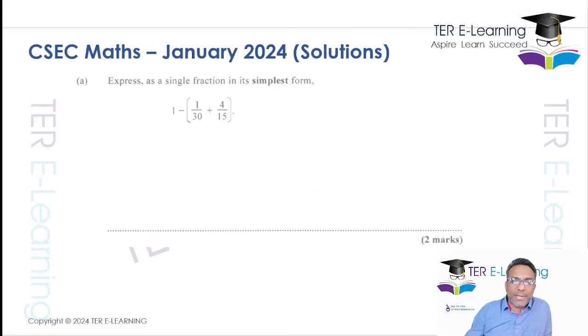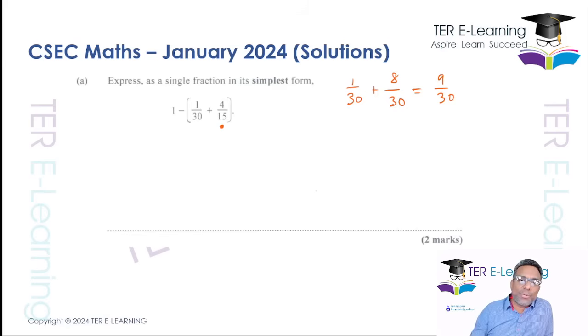So in this case here, I have 1 over 30 and I have 4 over 15. So in the case of 1 over 30, if I were to work out the brackets first, 1 over 30 plus 4 over 15, the equivalent fraction for this is going to be 8 over 30. So this here is going to give me 9 over 30. So that is what the bracket is going to give me here. So when I work this out, this is going to be 1 minus 9 over 30.